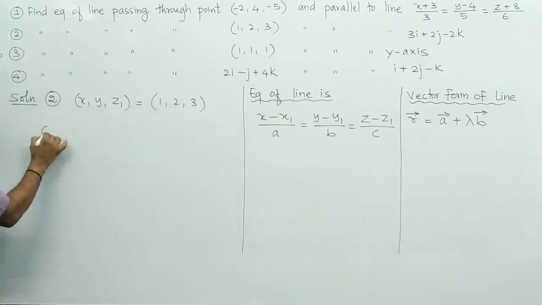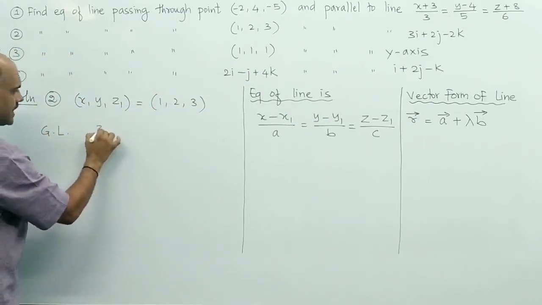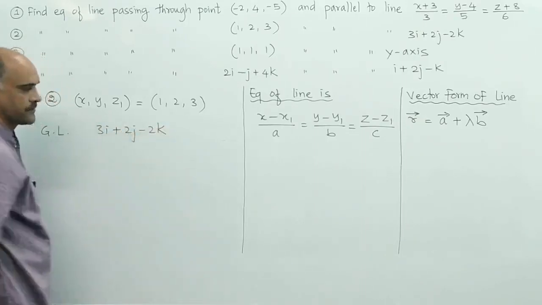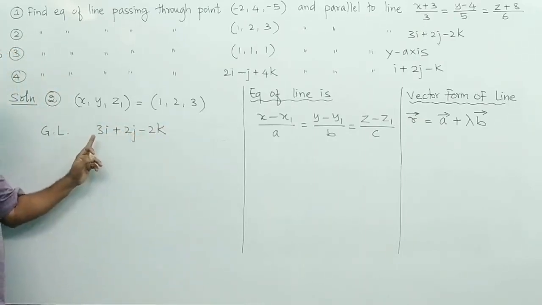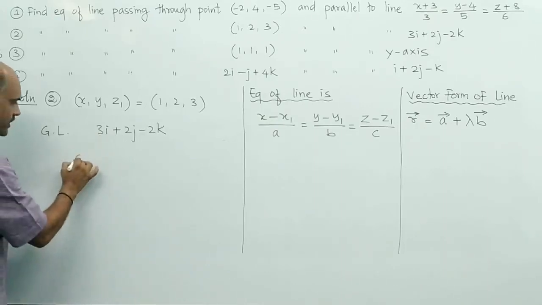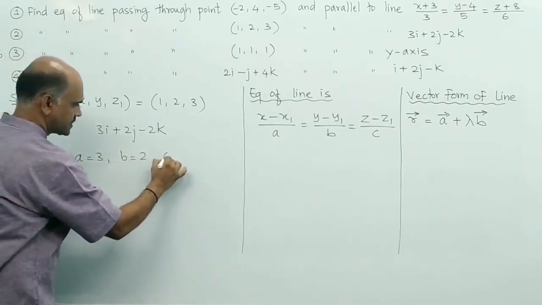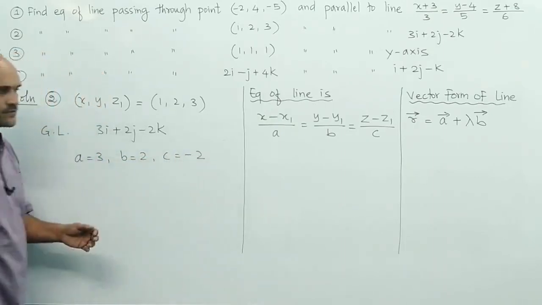So given line is 3i plus 2j minus 2k. So now from this you can tell a, b, c is, therefore a is equal to 3, b is equal to 2, c is equal to minus 2.